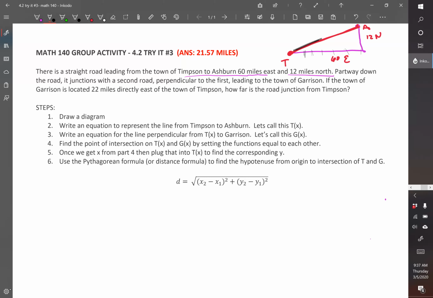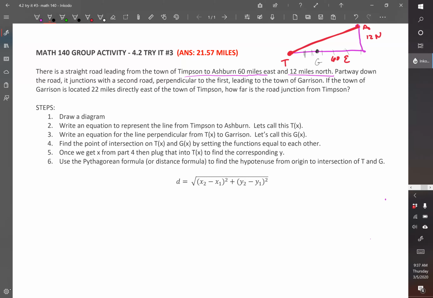Again, we'll rewrite it down below. So Garrison's going to sit maybe right about here, and that would be Garrison. We're just penciling that in, and that is perpendicular to this line.